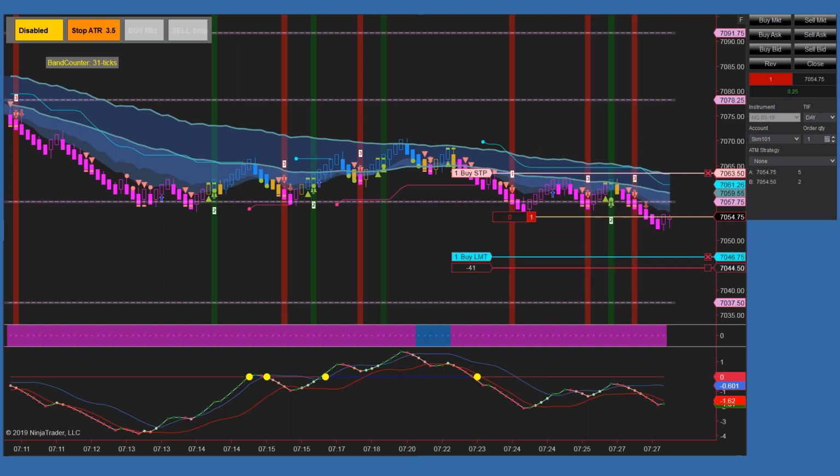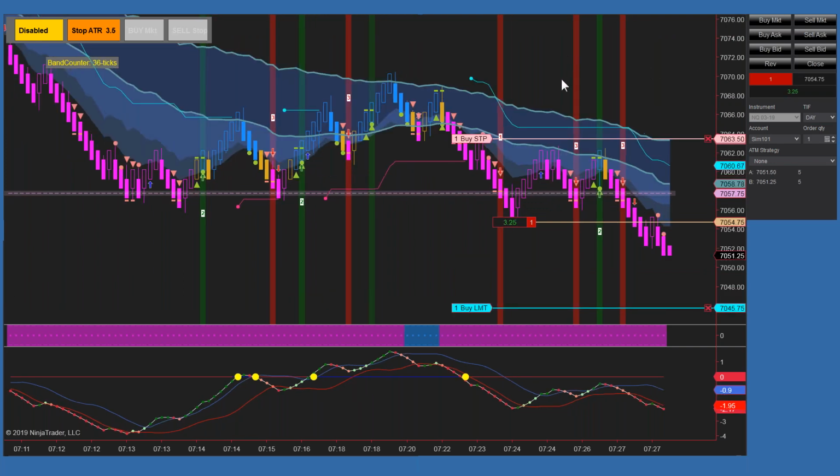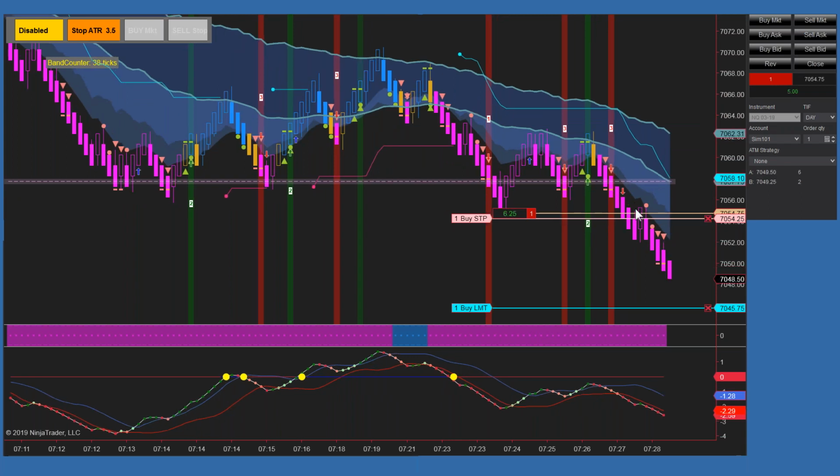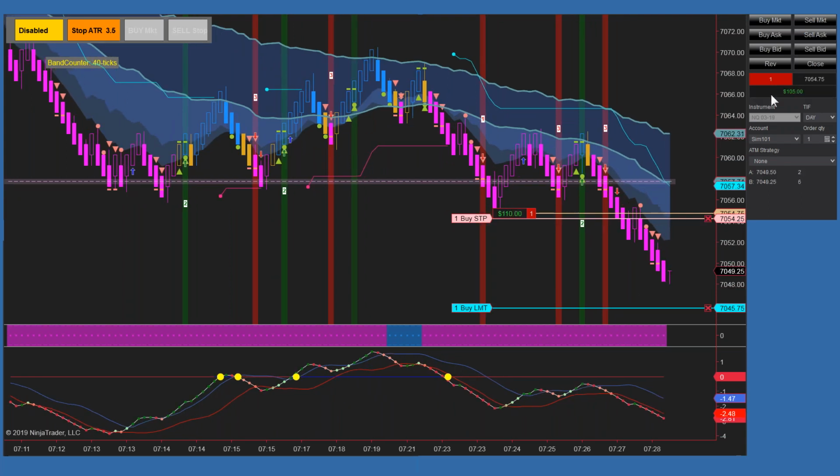Let's kind of play it around the 70.45 zone. There we go. All right, stops now to break even. And we have found our high probability profit target. So it's there if you want it.